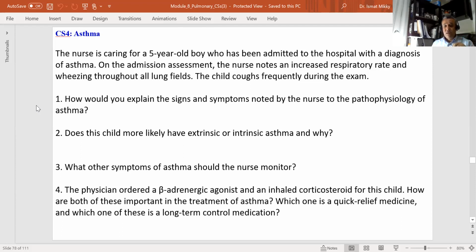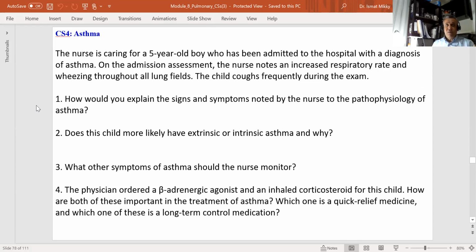Weather conditions belong to the intrinsic, not the extrinsic. Cold or weather conditions, in addition to exercise, infections, and stress, that cause asthma is called intrinsic asthma.